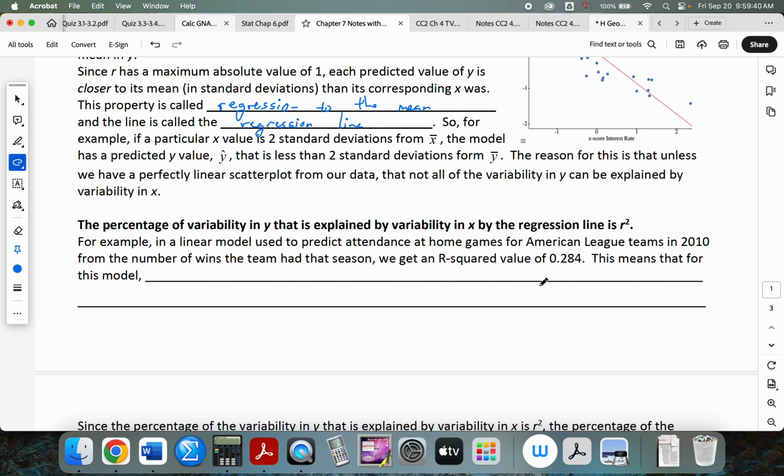That means that for this model, only 28.4% of the variability in attendance is accounted for by the variability in the number of wins.